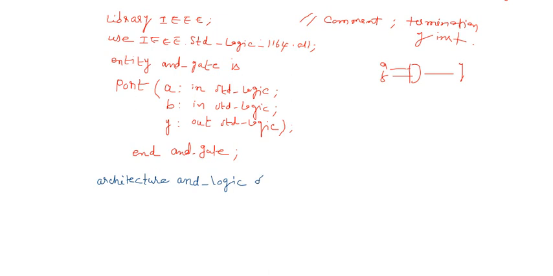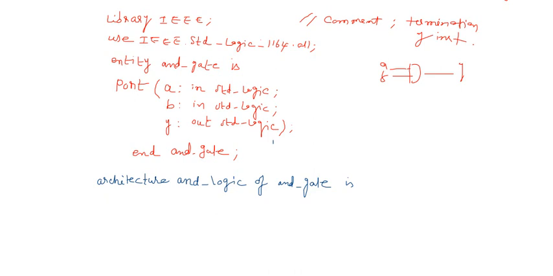What is the entity? Entity is and_gate, is. This is the initial description for the architecture.